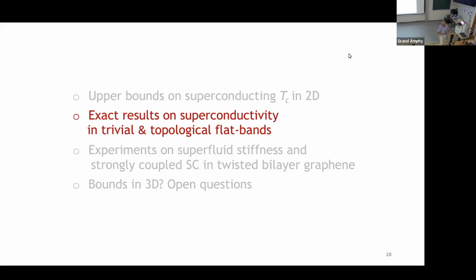But if you are willing to tell me what the mechanism is, if you are willing to tell me what the small parameter is, I can definitely do better. And people have done a lot of work on bounds within Migdal-Eliashberg. But clearly, for cold atoms, there is no Migdal-Eliashberg.